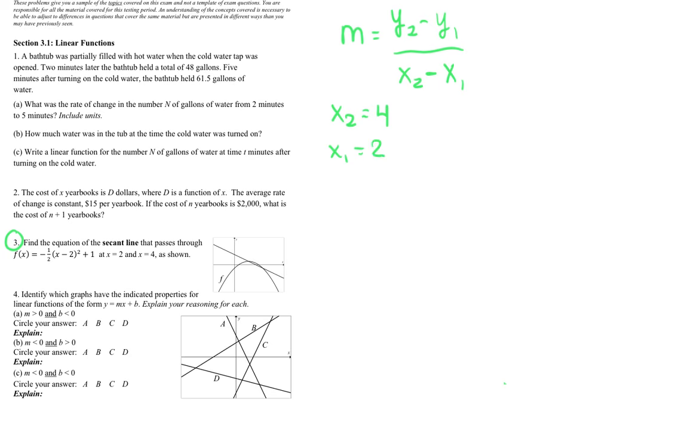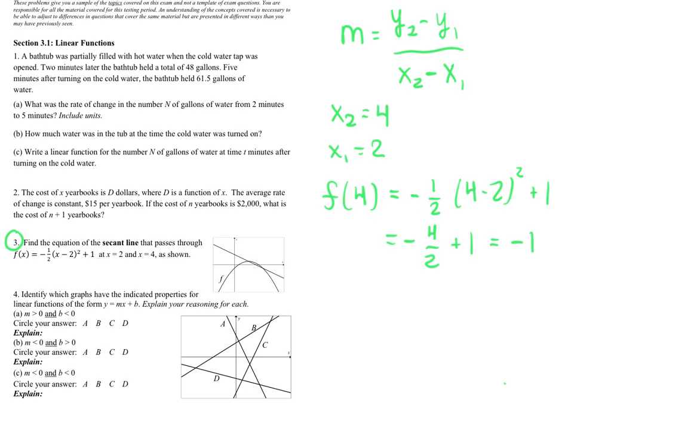So we have f of 4 is equal to negative 1/2 (4 minus 2) squared plus 1. 4 minus 2 is just 2. Squared is 4, so that'll be negative 4/2 plus 1, which just gets us negative 1.